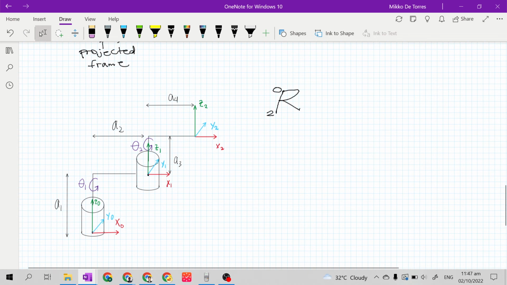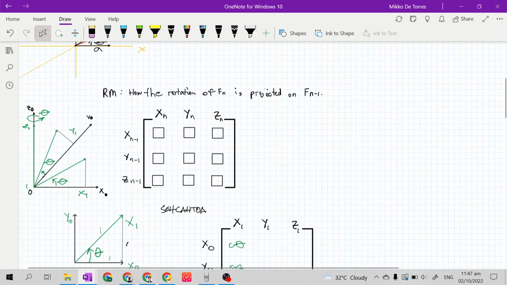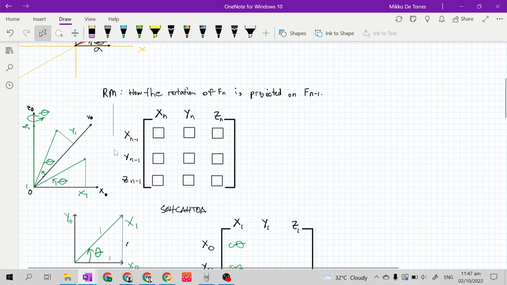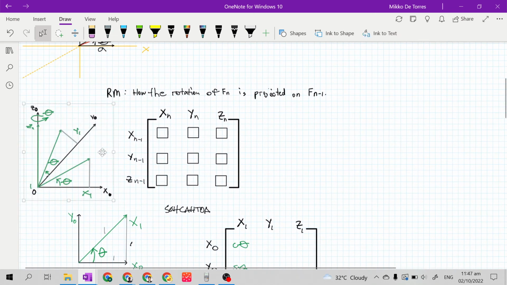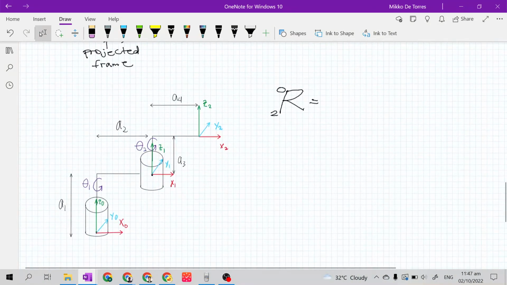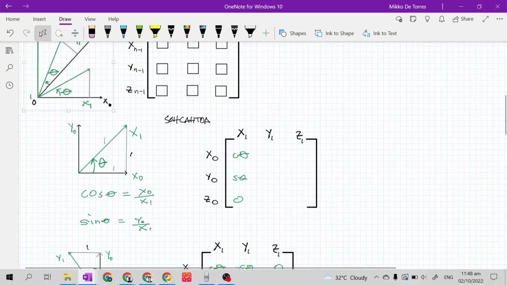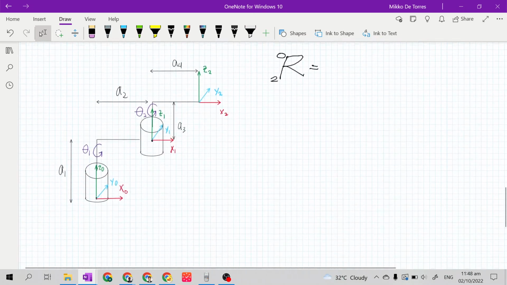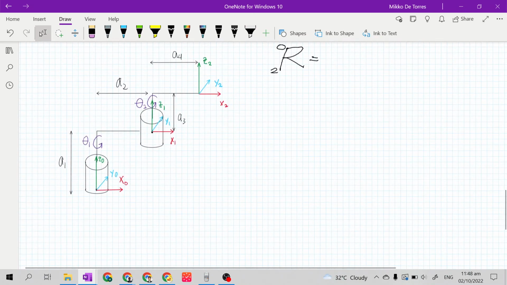So to derive the 3 by 3 rotation matrix of this SCARA manipulator, we will not do what we have done on the first frames of 0 and 1. We will not do this because the frames of these SCARA manipulators are not the same with the arrangement of these two frames. And we have here three separate frames.